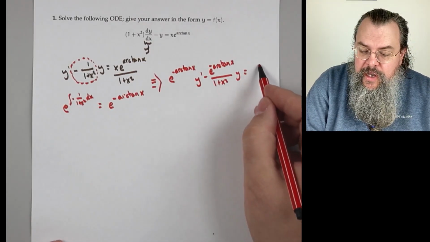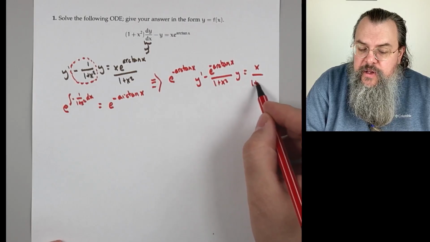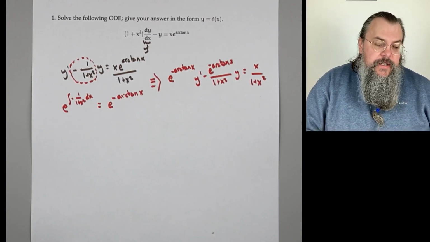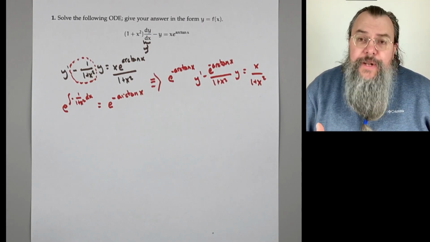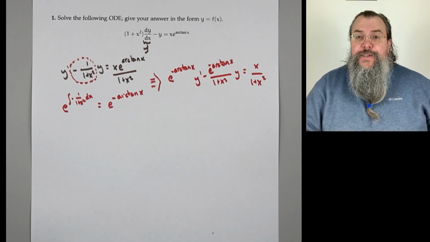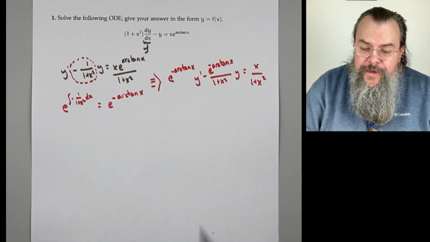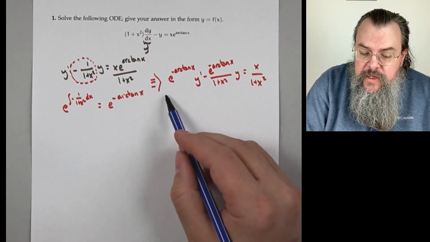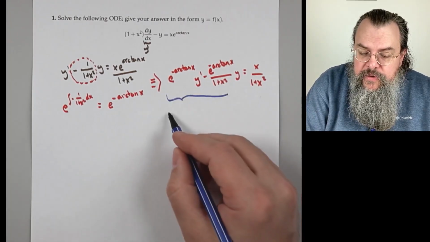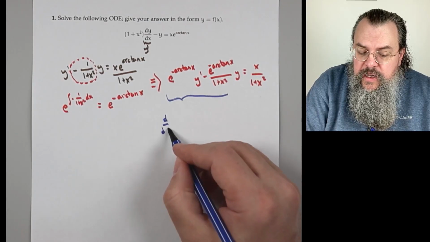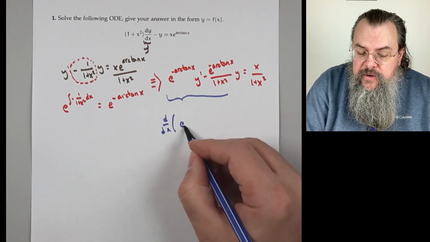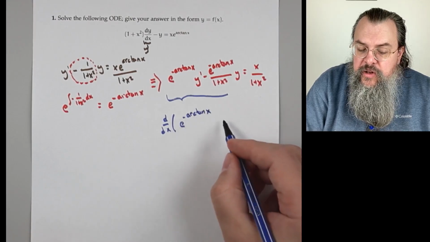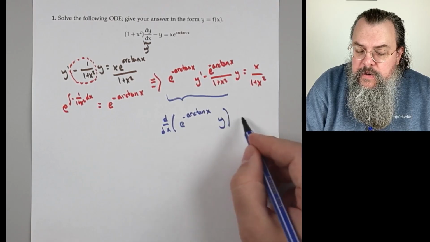We're left with x over 1 plus x squared. Okay, good. Now, why are we doing this? The goal of integrating factors is to make the left-hand side very easy. And in fact, we know by design that this left-hand side will always have the form of a derivative. Namely, it's the derivative of the integrating factor, e to the minus arctangent of x, times the function y.